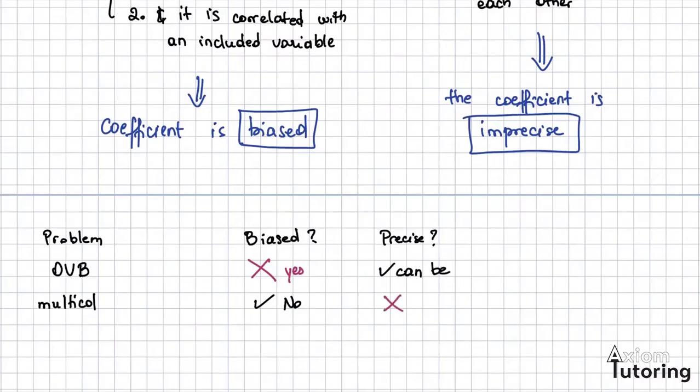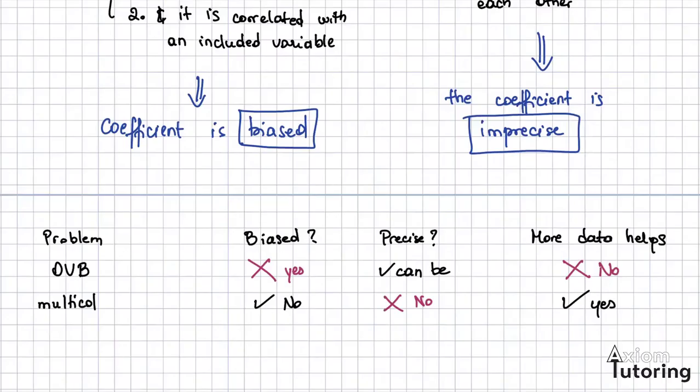However, with multicollinearity, no. And the last one, does more data help? For OVB, no. It doesn't matter how much data you add, it's still not going to make the problem go away. For multicollinearity, yes.